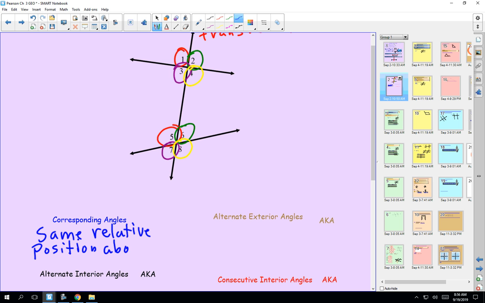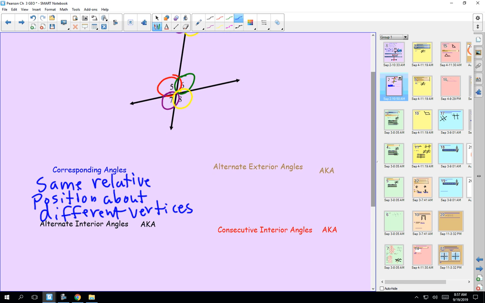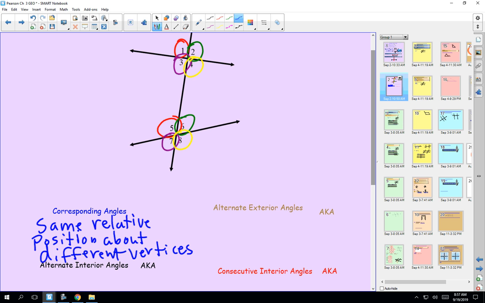about different vertices. So we want to give some examples of some corresponding angles. So we did it already here. So corresponding angle examples would be angle 1 and angle 5 are corresponding.